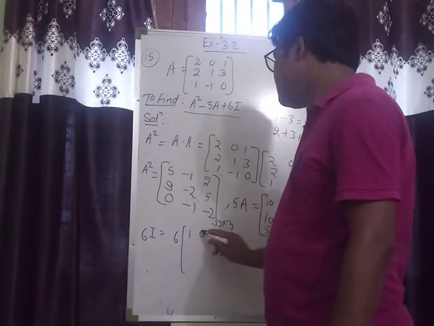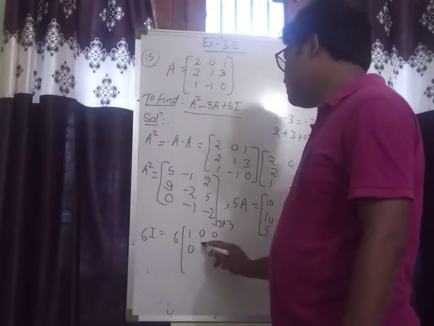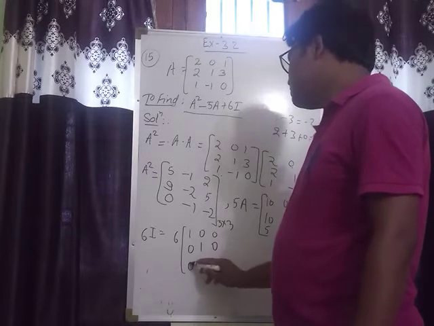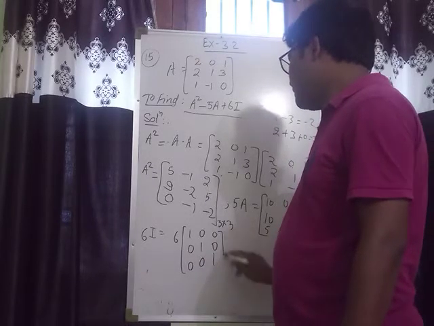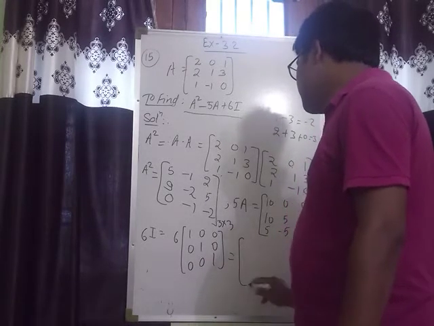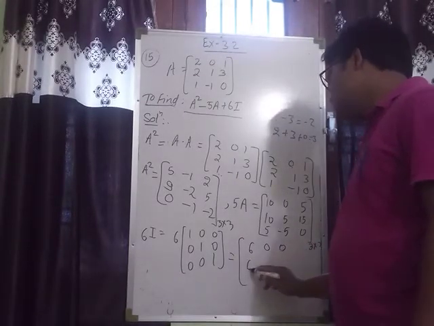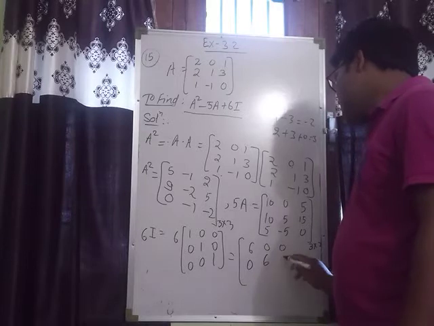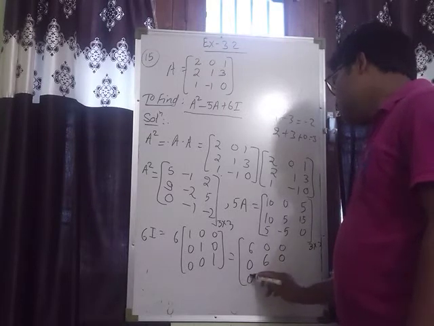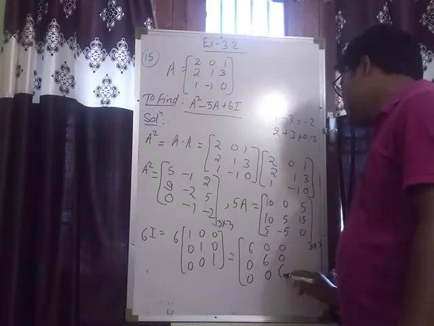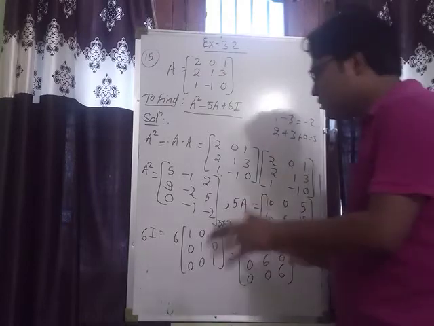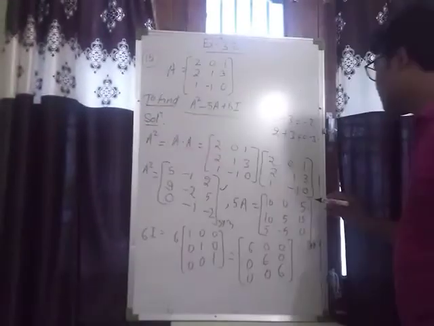So that will be 1 0 0 0 1 0 0 0 1. That is equal to 6 0 0 0 6 0 0 0 6. Okay, so that is a square, that is 5a, and that is 6i.